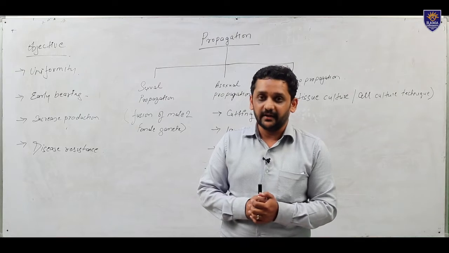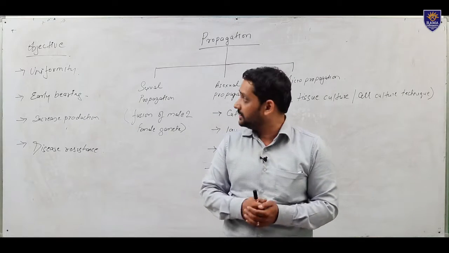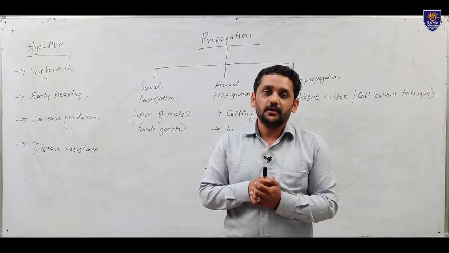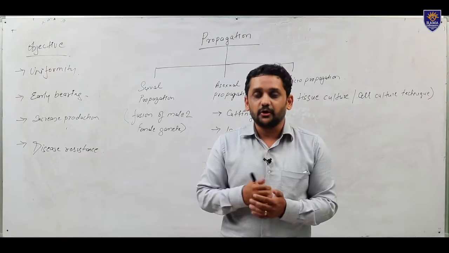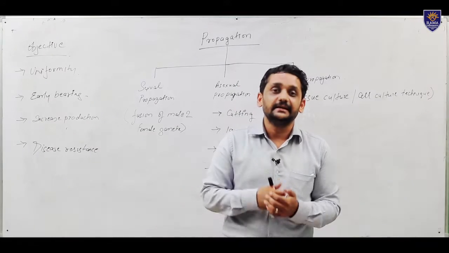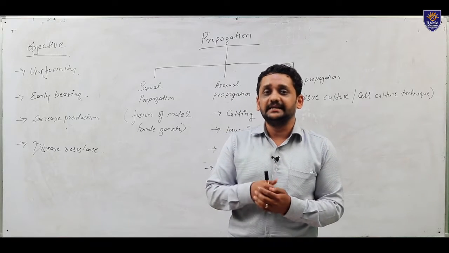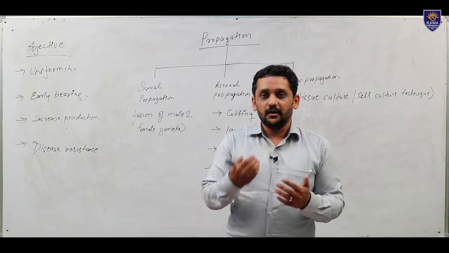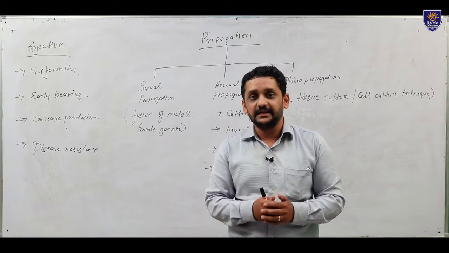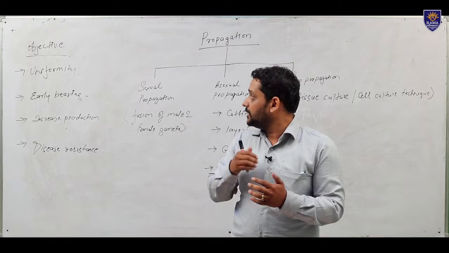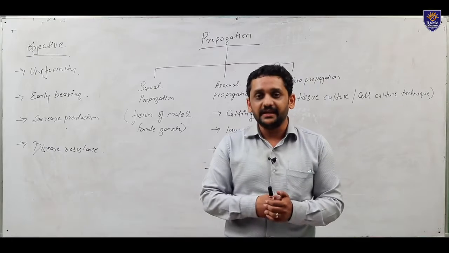Second is early bearing, in which we can get the flowers as well as the fruits early. Third is increased production; through asexual propagation we can increase the production of a particular crop. And the fourth is disease resistance. Nowadays we can see that many pests and diseases attack the agronomical crops. So just to make the crop resistant, we use the asexual propagation method, so that the plants are not damaged by the coming pest or disease.